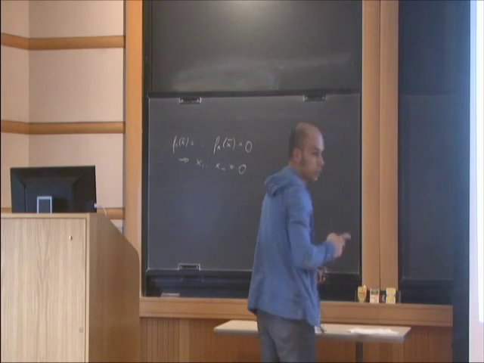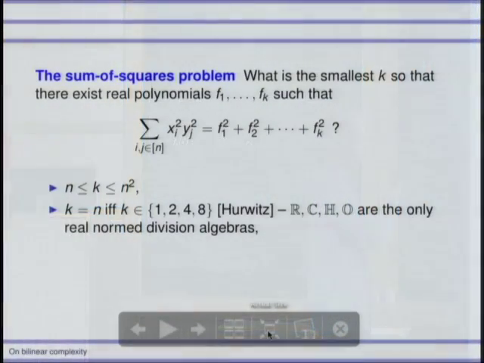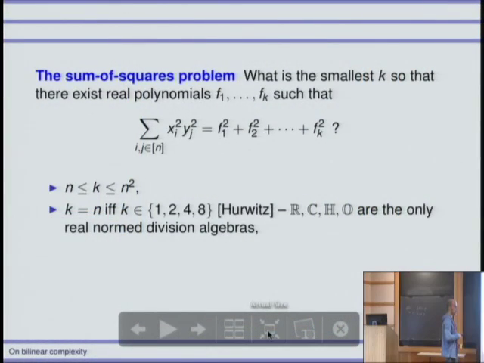Over complex numbers, this wouldn't work, but here we are working with real polynomials. So it is really easy, the first lower bound.